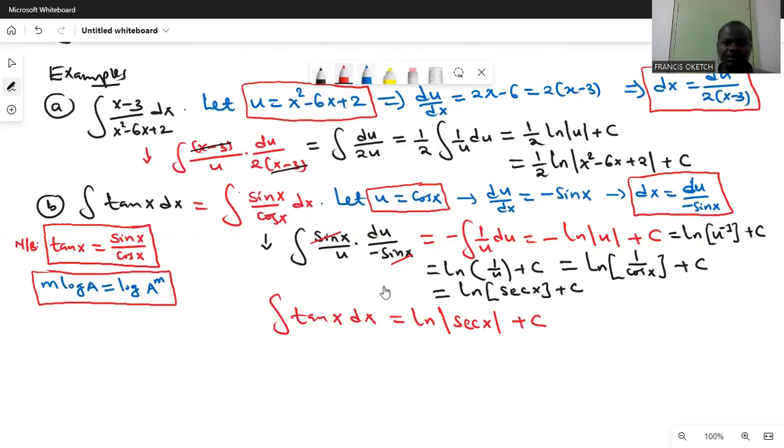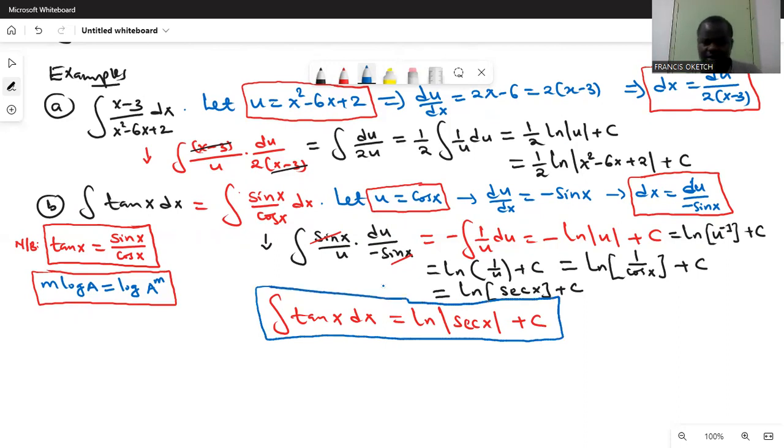That is what is important, and we are going to circle or bracket it. This formula you can also find in your ISMP table, the integral of tan x. You see how we have derived it using the u-substitution method.